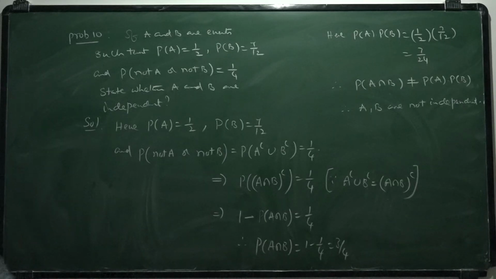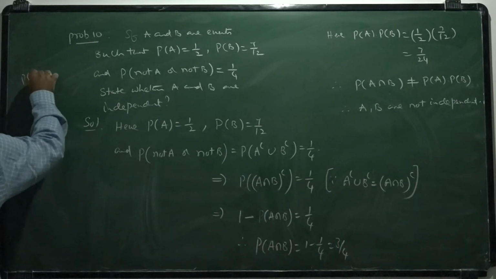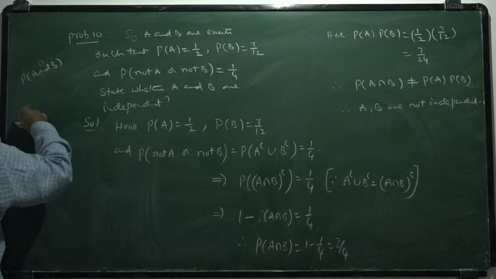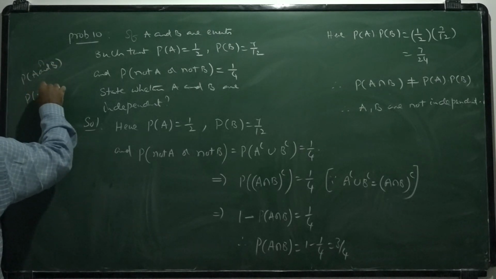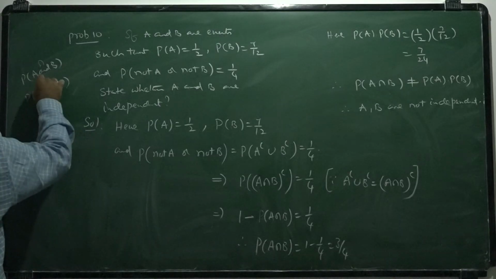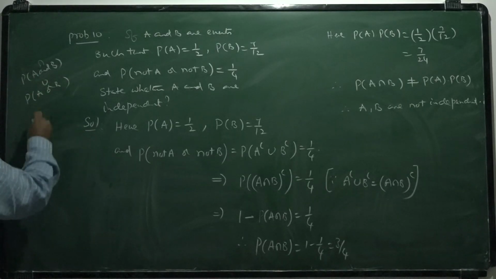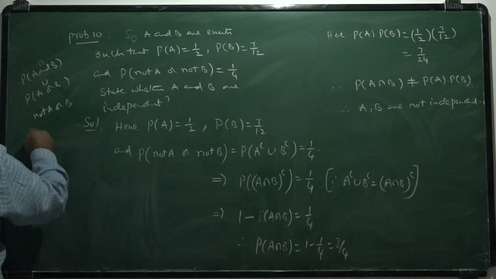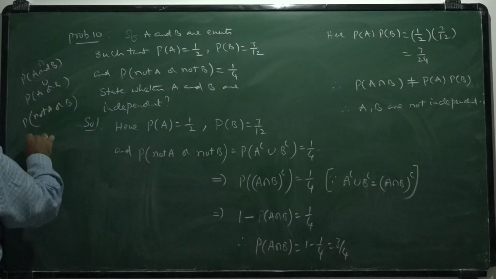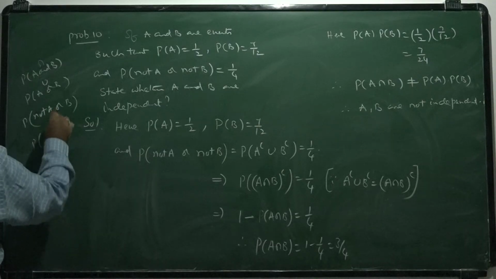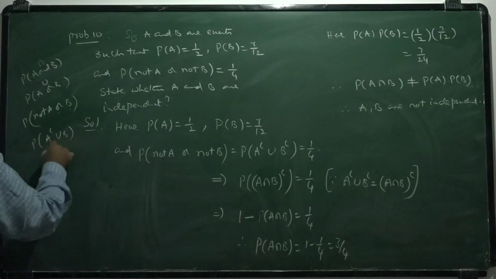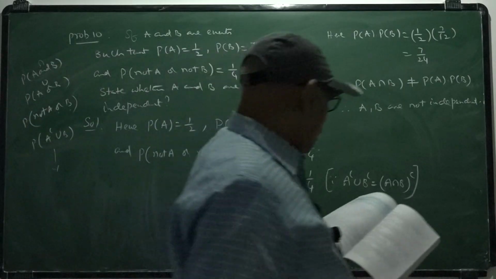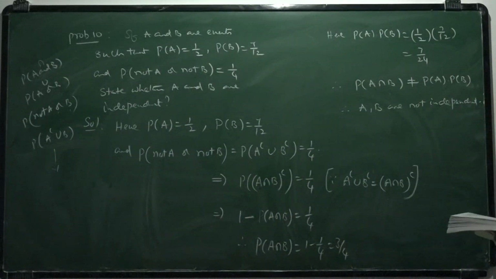In case of finding probability of A and B, it means intersection. In case of probability of A or B, that is union. Not A or B means probability of A complement union B. Like that you have to take the events and their corresponding probabilities.